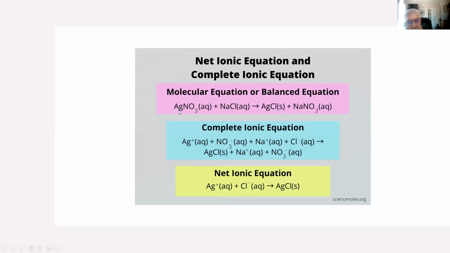Well, silver plus, and you write aqueous because it is in water solution. Got it? Well, nitrate is the other anion. Then sodium cation and chloride anion, arrow. The solid remains solid. And then sodium here and nitrate here.